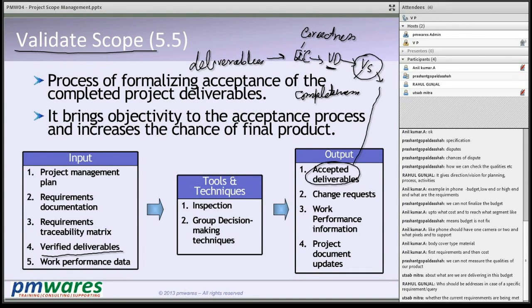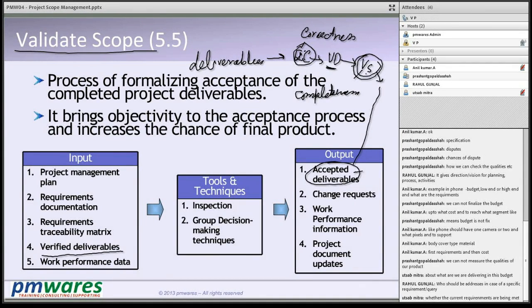The objective of validate scope is to go to the user or the customer and get it accepted, because by now you have a deliverable verified for correctness and completeness. This is normally done by the tester, and this by business people like Utsav, the business analyst, who check that whatever the customer said is there in the product, and then go to the customer and say please accept it.